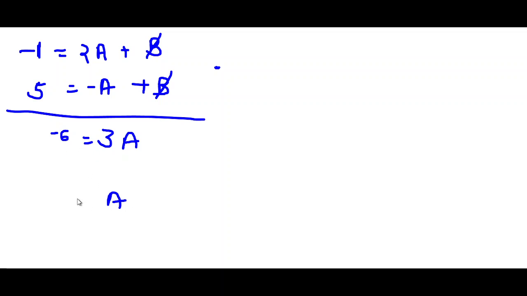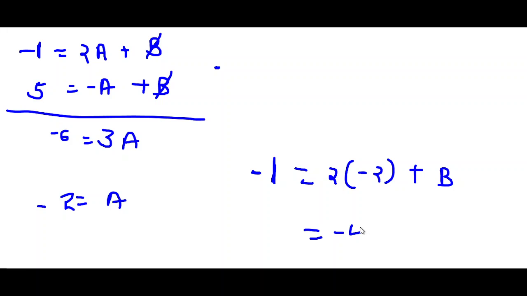So here the value of a will be negative 2. So we try and find the value of b, whereby we're going to say negative 1 equals to 2 times the value of a, which is negative 2, plus b, whereby negative 4 plus b equals negative 1. When we bring negative 4 to this side, it becomes a positive. So negative 1 plus 4, we get 3. So the value of b will be 3.